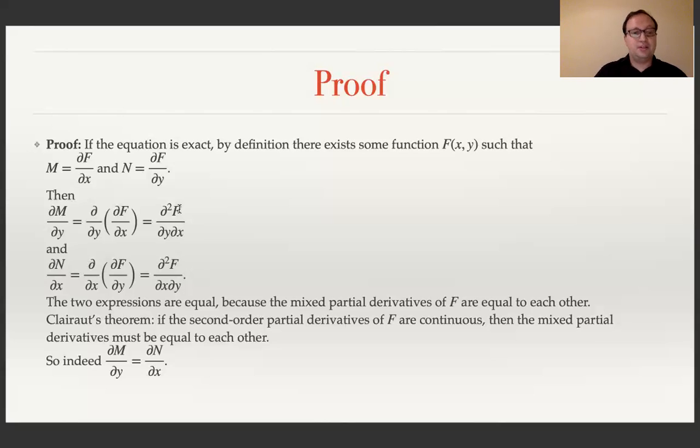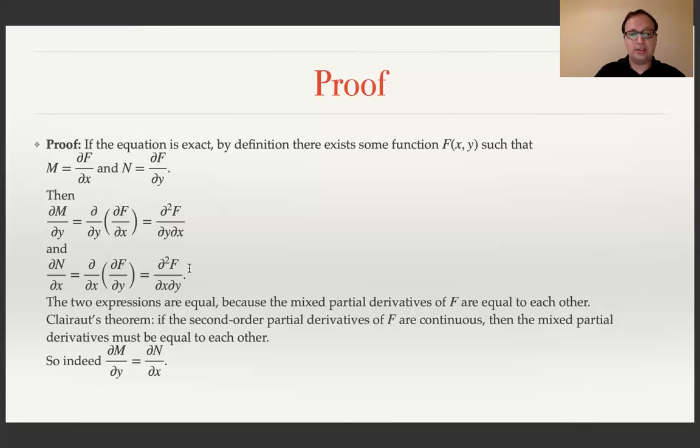But then you know that these second order mixed partial derivatives are equal to each other because, well, it doesn't matter in what order you take the derivative. Either you take it first with respect to x and then with respect to y, or first with respect to y and then with respect to x. And there's a theorem that tells that they are equal. It's called Clairaut's theorem.